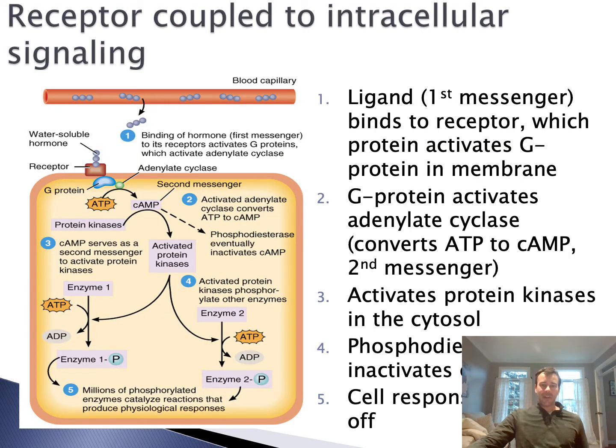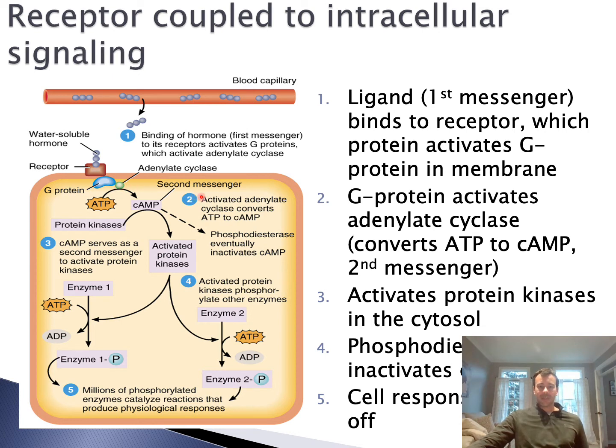The main mechanism of how this works is that the ligand itself, or the polypeptide hormone, known again as the first messenger, binds to the receptor, shown here, which activates a G protein in the membrane.